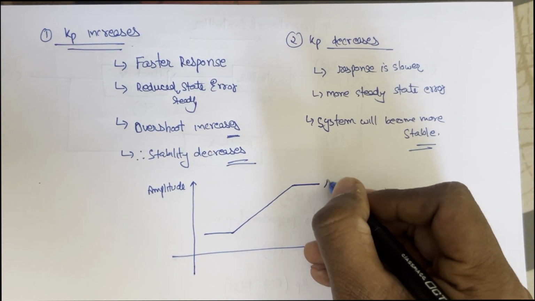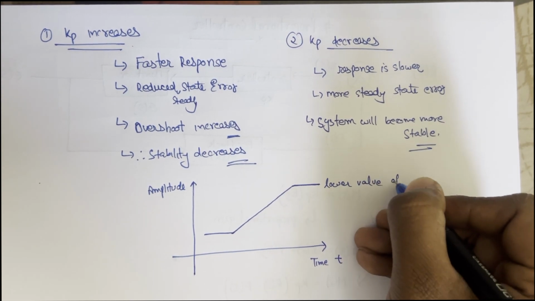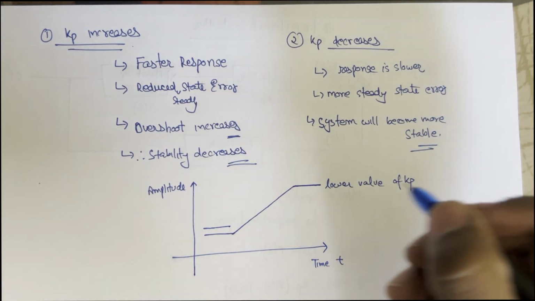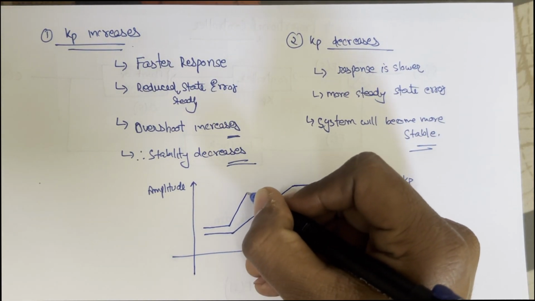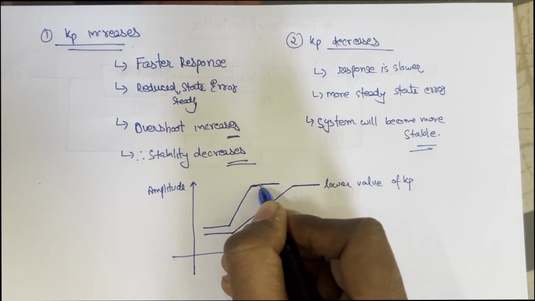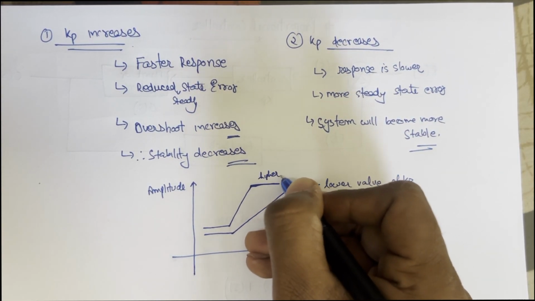Whereas when the value of Kp is higher, there will be more overshoot and it will take less time to reach the same level as above.